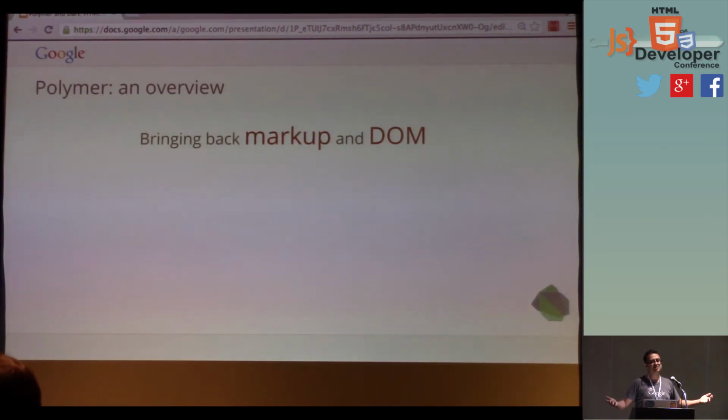Everyone gets it. Markup is HTML, so that's great. We'll build on that. And then there's the DOM, which is a little bit more complicated. It's a success in one way, but a slightly mixed success. So the Polymer people said, OK, we'll use markup. We'll clean up the DOM.